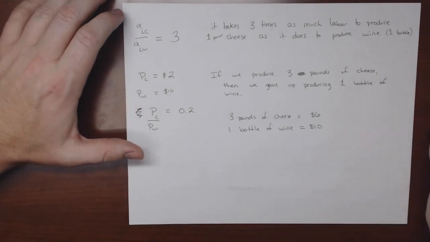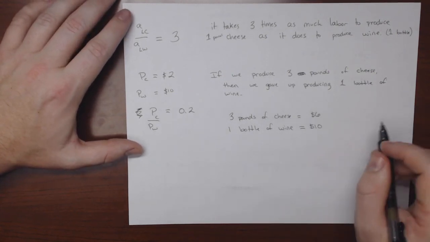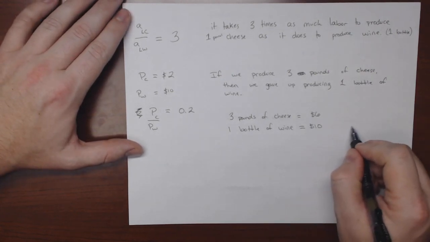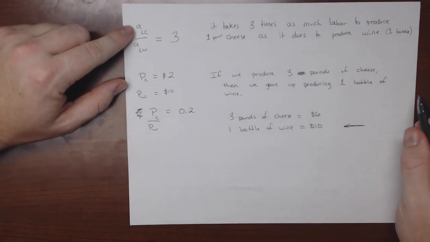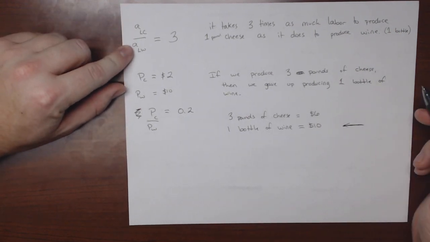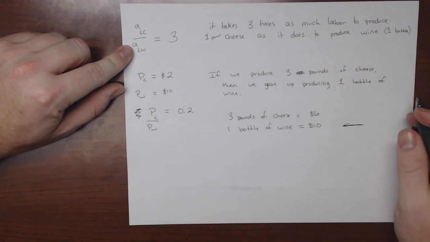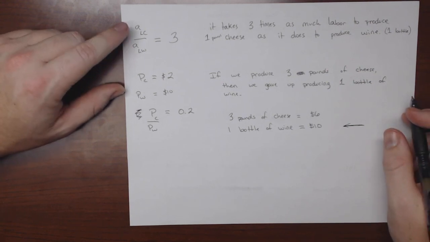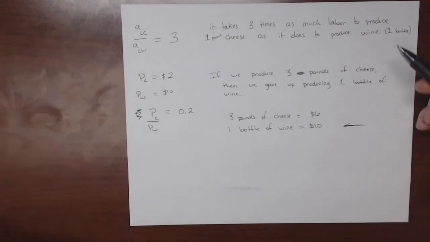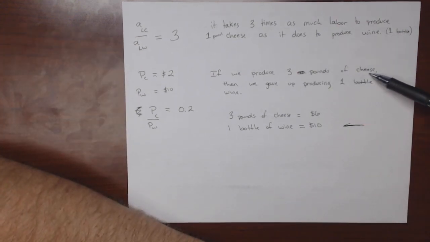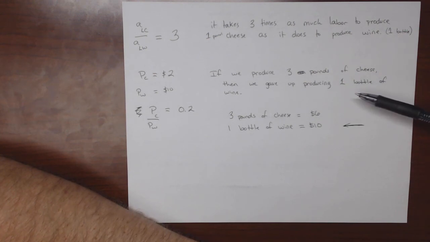Okay, well, this analysis suggests that we should produce wine. All right, because if you think about it, ALC over ALW says it takes 3 times as much labor to produce a pound of cheese as it does to produce 1 bottle of wine. So if we produce 3 pounds of cheese, then we give up producing 1 bottle of wine.